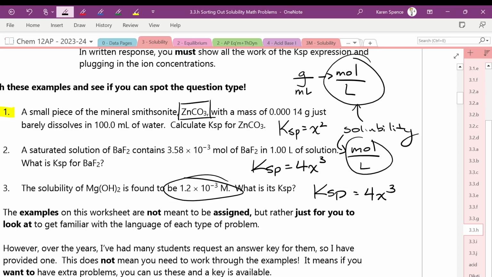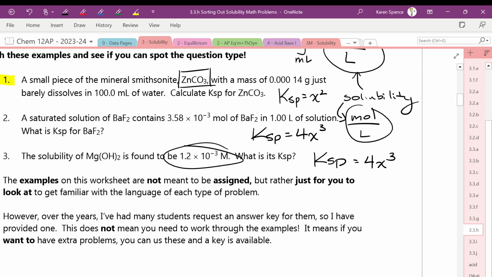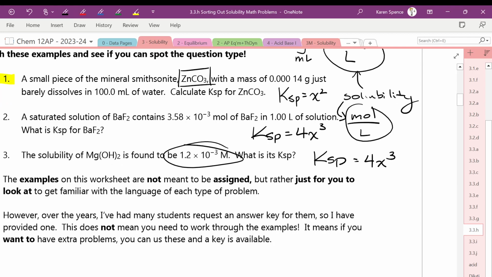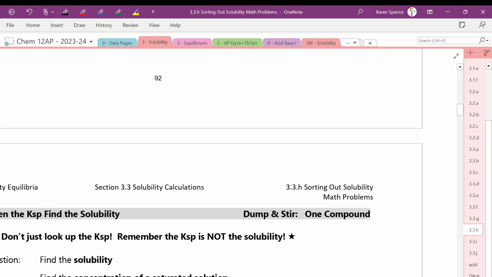Now, the examples on this worksheet were not meant to be assigned. They were meant to show you the type of problem. However, over the years, many students have asked where's the answer key? So I made an answer key if you're interested, but these are not supposed to be assigned questions. But if you must have more questions, here you go.